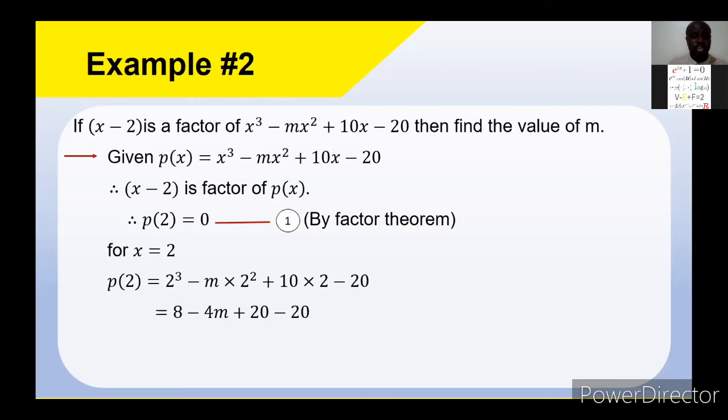So what we do here is our usual substitution. When we substitute p of 2, you would realize that we'll end up with 8 minus 4m plus 20 minus 20. And this linear equation, as stated by Chevanese, is basically the solution. All we need to do now is to simply solve for m.